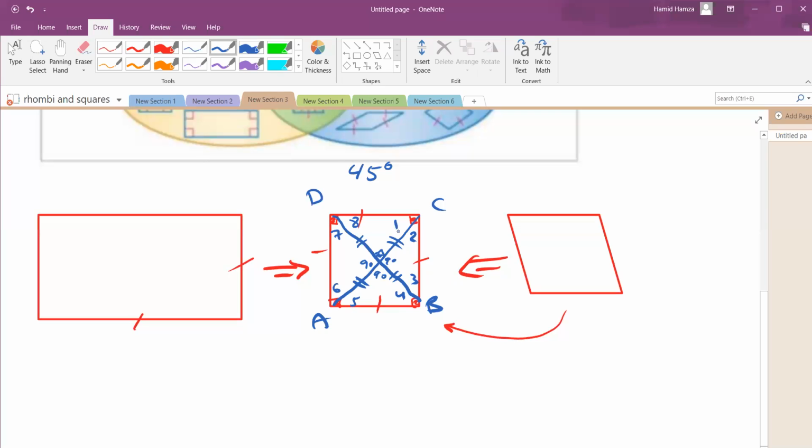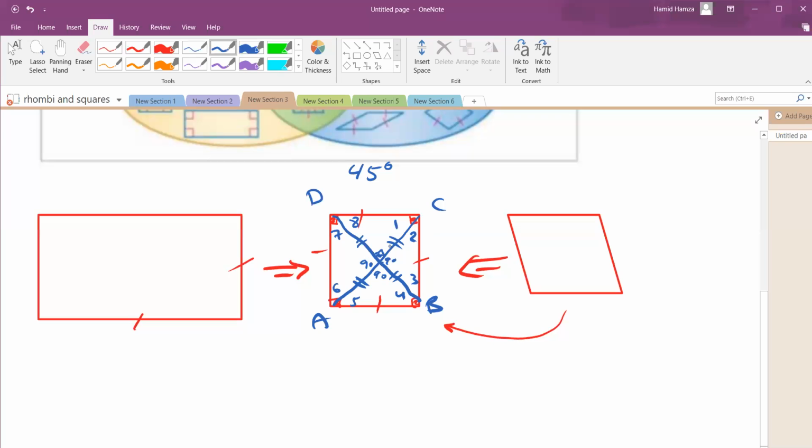The diagonals bisect the opposite corners. The measure of each one of them is equal, and each is 45 degrees. The diagonals are perpendicular. That means the four angles around the point of intersection are all 90 degrees.